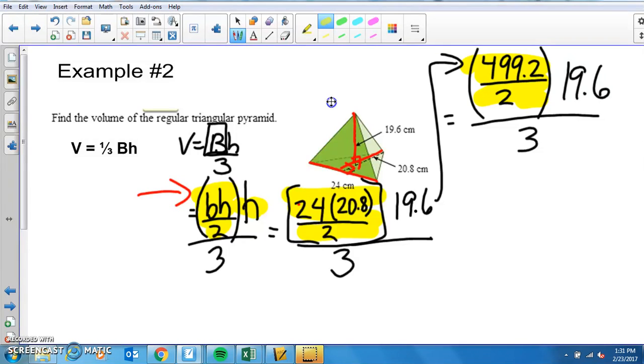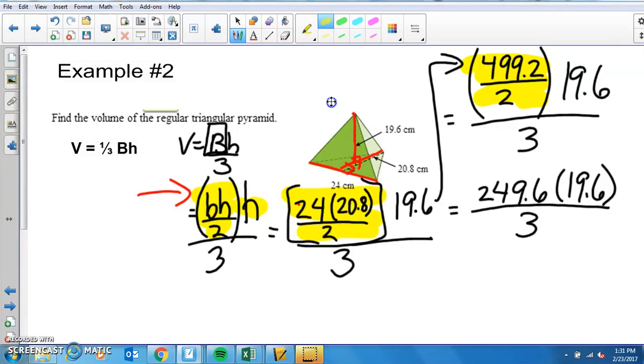So 499.2 divided by 2 gives you 249.6. We're going to multiply that by 19.6. Then we're going to divide it by 3. And again, taking it step by step. So 249.6 times 19.6 gives you 4,892.16.